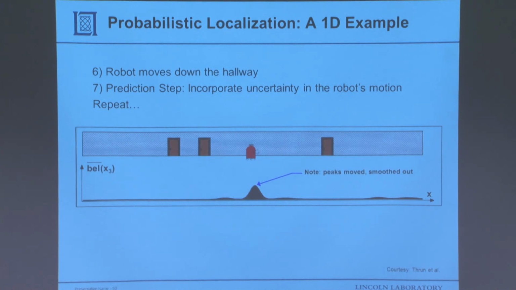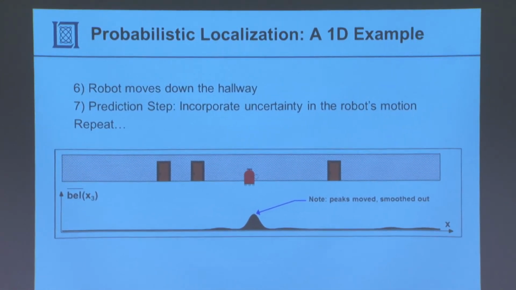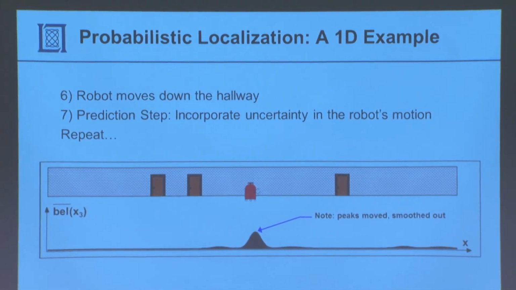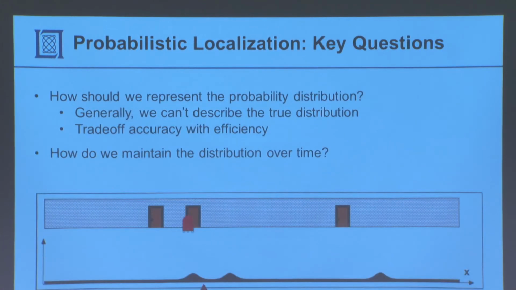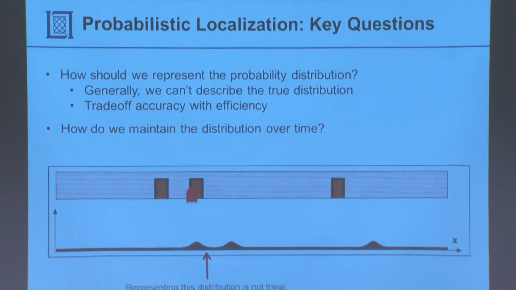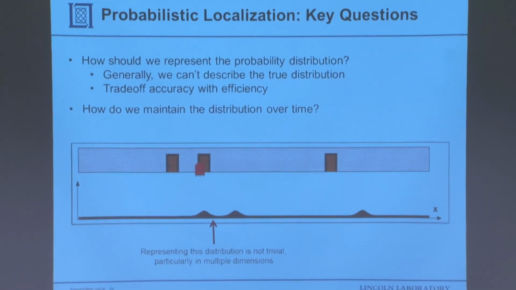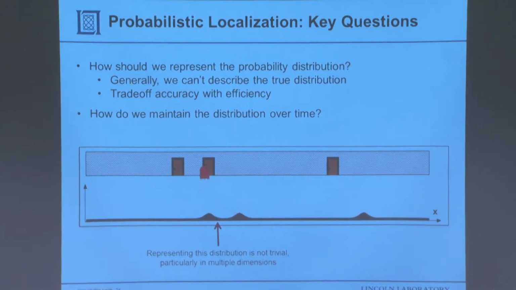And then that process repeats. So we move down the hallway again. Since we've moved down the hallway, our confidence in our position decreases, and we can make additional measurements.